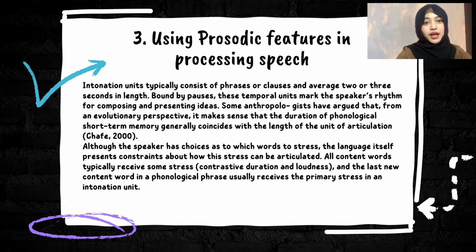Prosodic features are composed of different prosodic variables such as tone, length of sound, voice pitch, duration of sound, and volume.